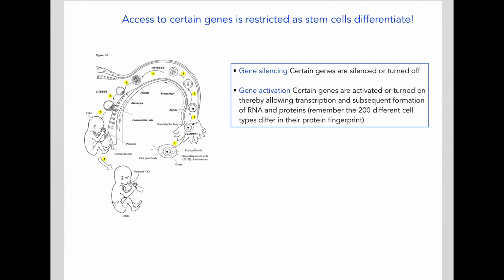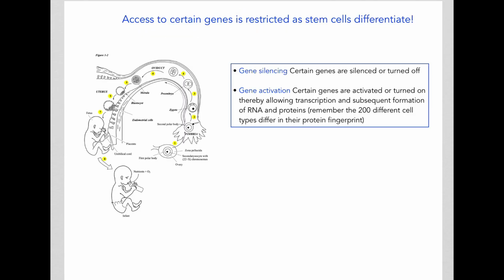So what happens as the stem cells differentiate? Now, the amount of DNA and the type of DNA is the same in every cell. So in terms of the biochemical aspect, when we say a cell differentiates, what we really mean is that access to certain genes, remember all the cells have the same DNA, has become restricted as the cell differentiates.